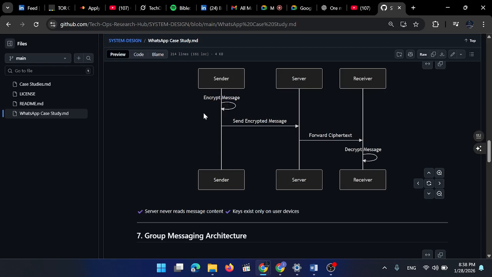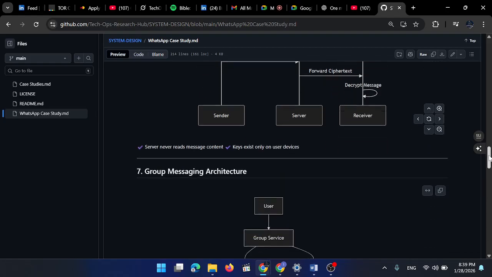So when the sender sends it to the receiver, it has to pass through the server. Once it passes through the server, it's forwarded as a ciphertext, and then the receiver gets to decrypt the message and read it. So that's how the whole sending and receiving of text messages from WhatsApp takes place. That's how the flow looks here.